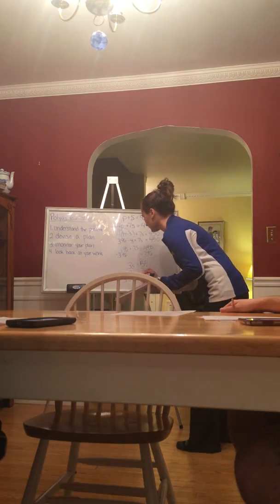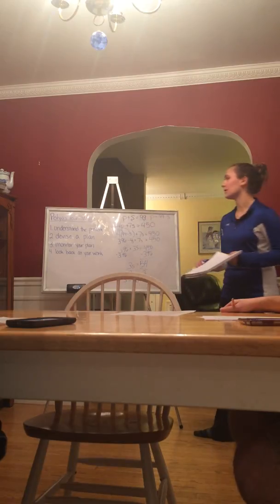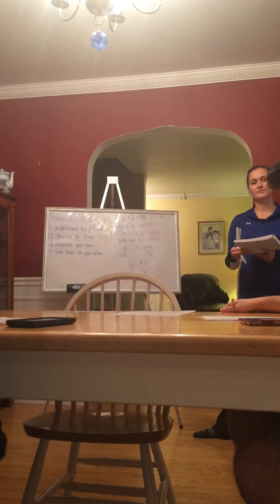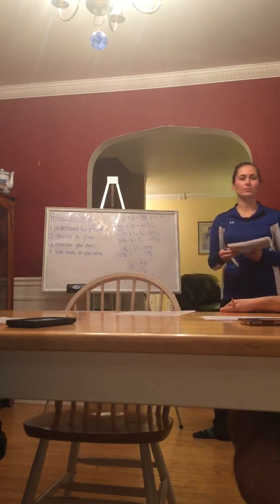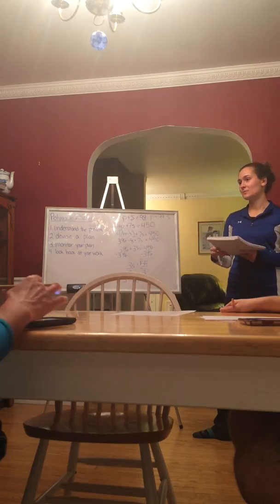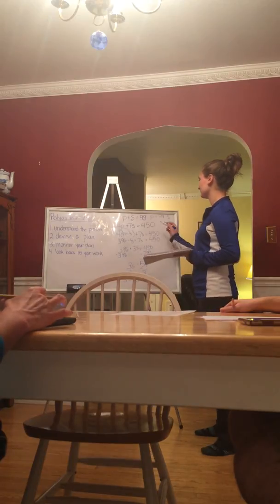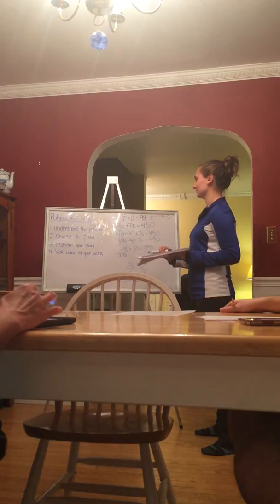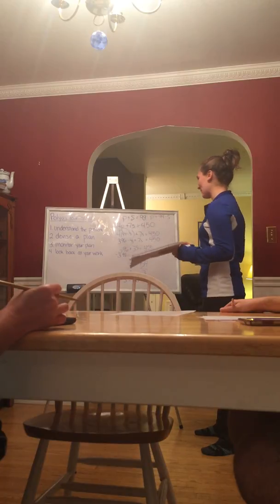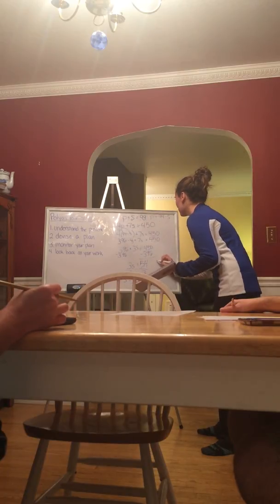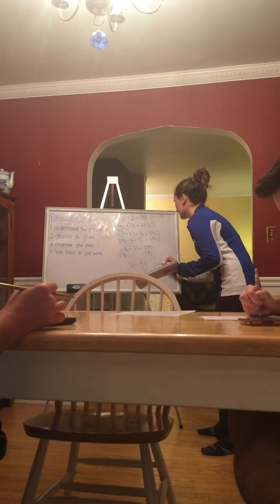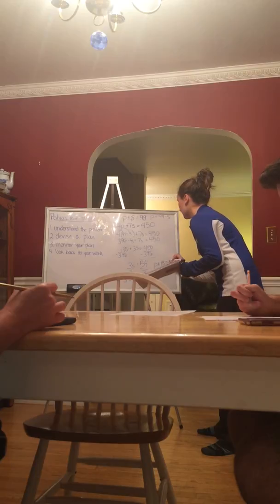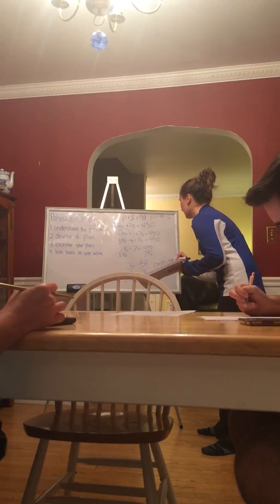Good job. So how many star flowers do we have? 18. Who can tell me how we need to figure out the poppies? Yes, you have to plug the 18 back into our original equation of P plus S equals 99. So P plus 18 equals 99.